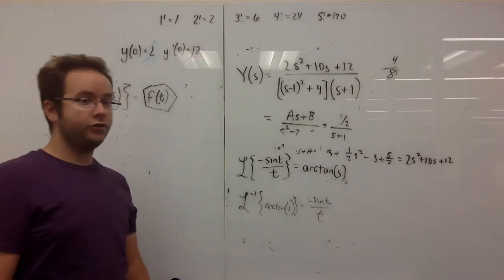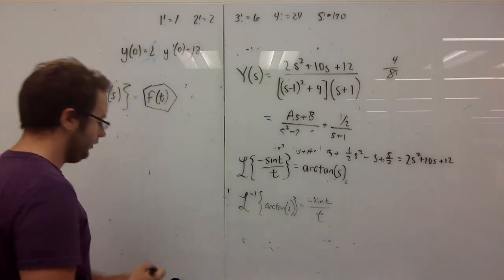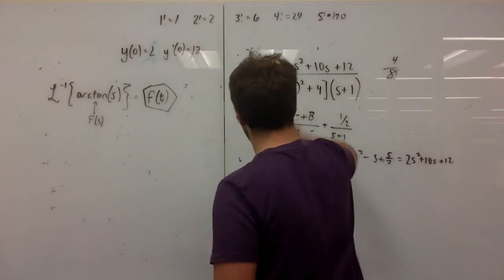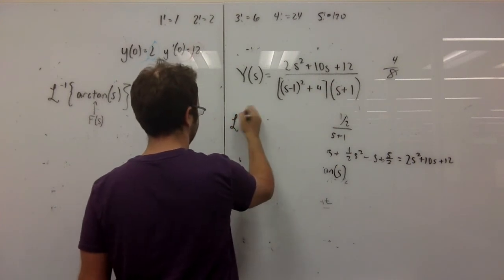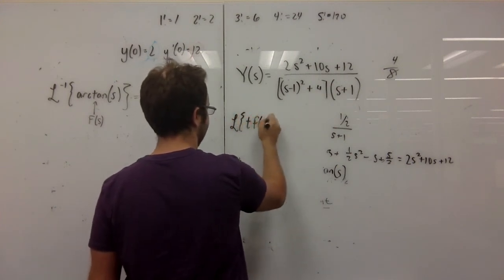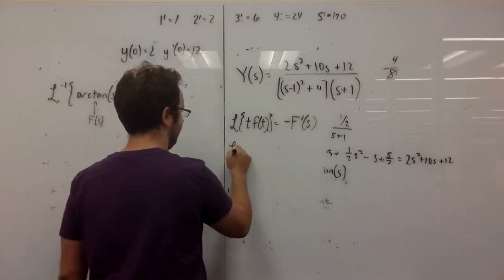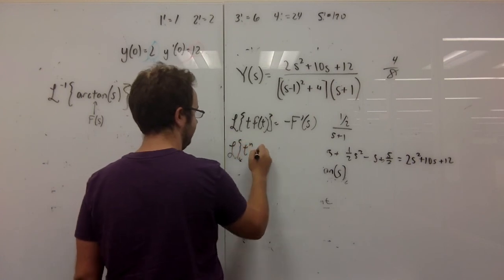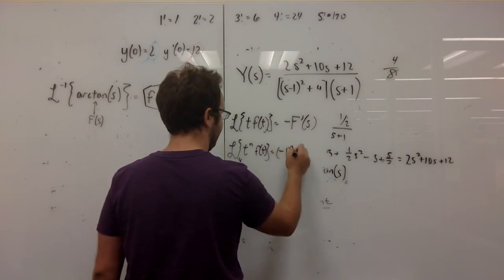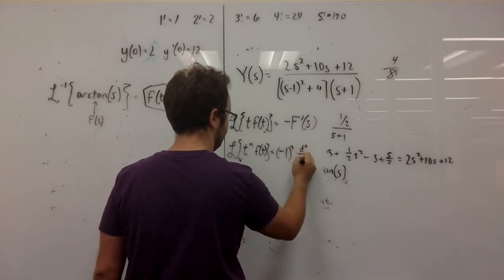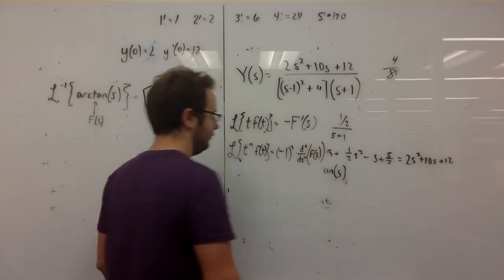But maybe we can use a trick that involves the derivative of arctangent of S, namely that rule that says if you're asked to take the Laplace transform of t times f of t, then it's negative F prime of S. Or in general, the Laplace transform of t to the n times f of t involves negative 1 to the n and n derivatives of F of S. Okay?